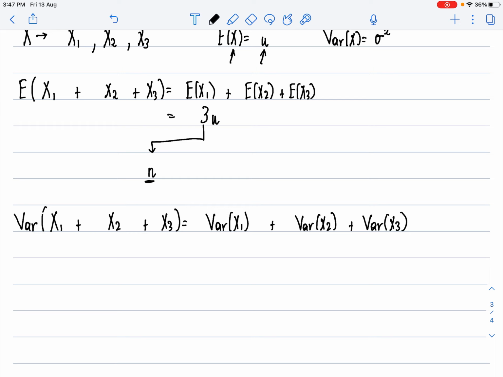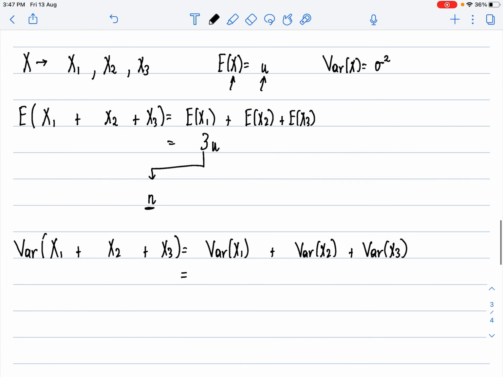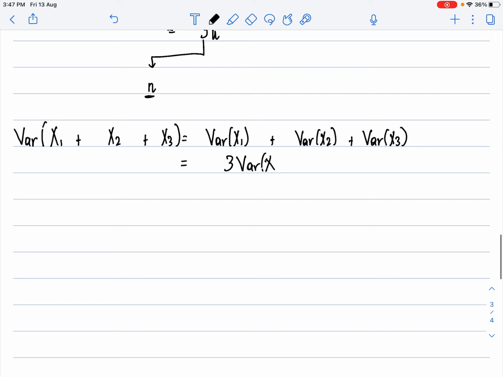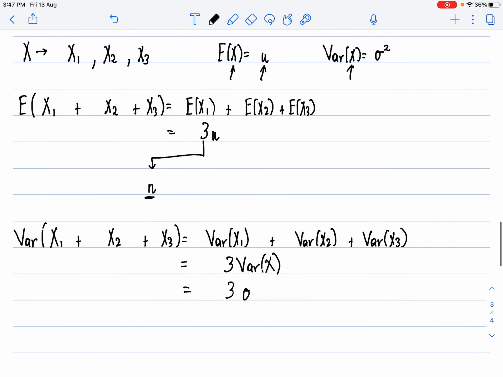Because all of them correspond to the variable x, this can be written as 3 into the variance of x, which is provided in the question.